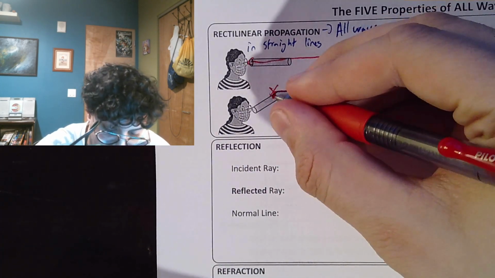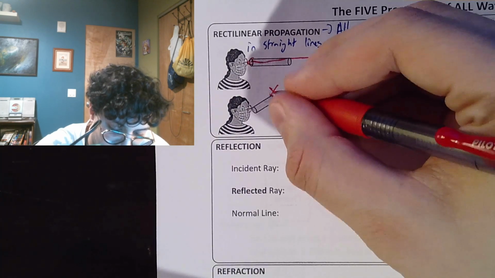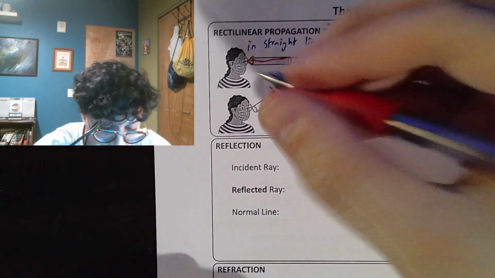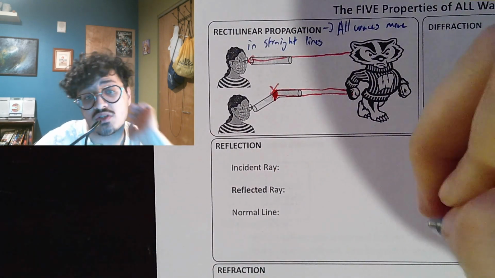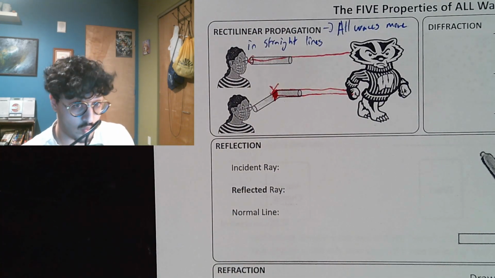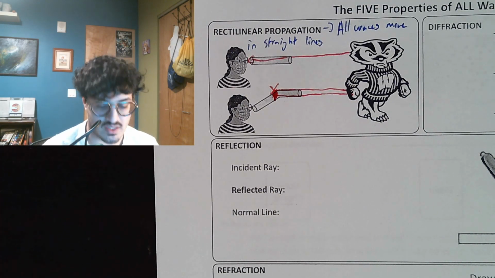As any light coming in from here can only hit about here before stopping. It can't go straight. The person isn't here. They can't see. So just be aware. Rectilinear propagation. All waves, light, sound, whatever it be, will travel in straight lines.